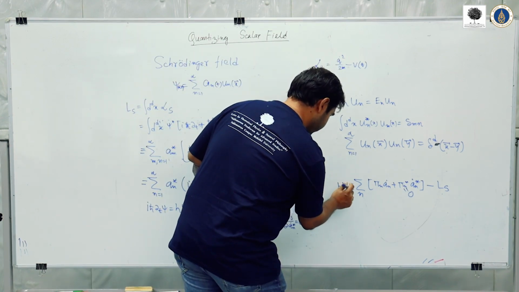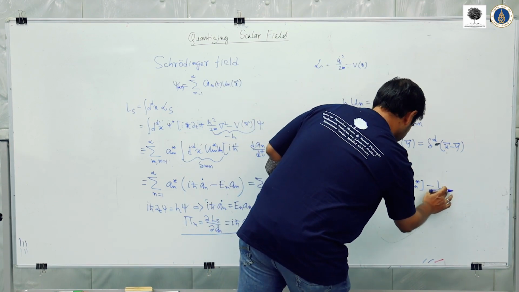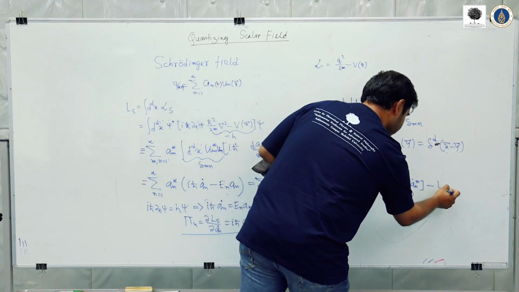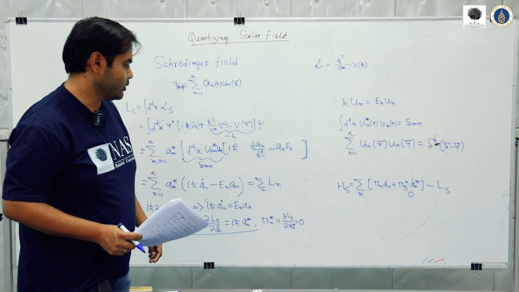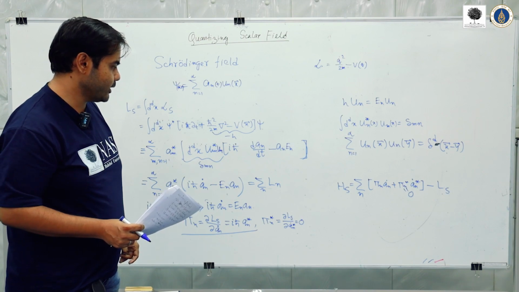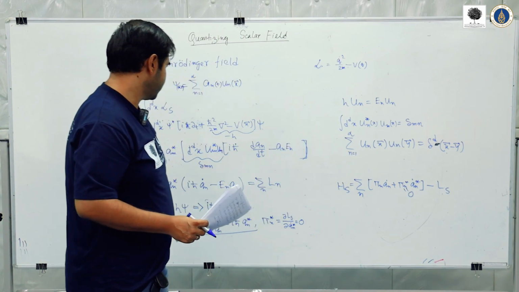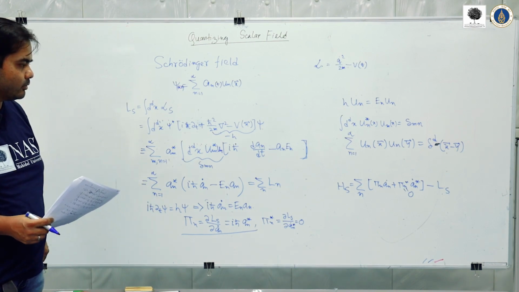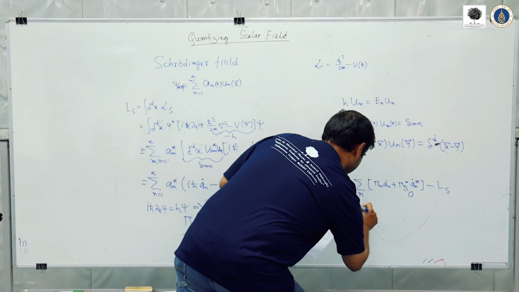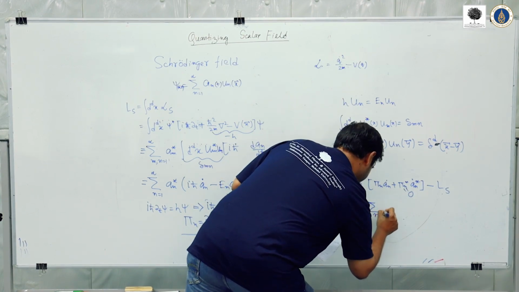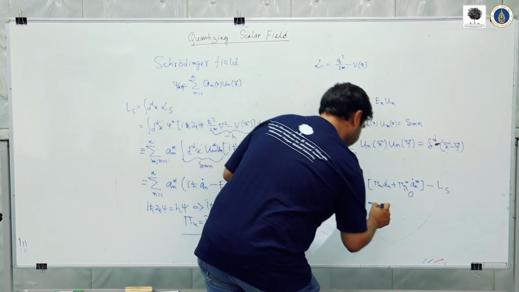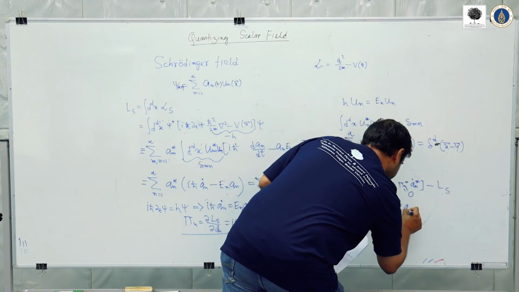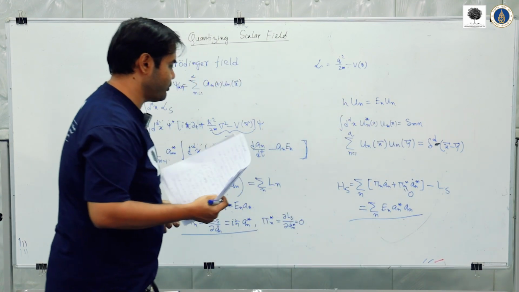So the total Hamiltonian we are considering, if you substitute L_s from the expression for the Lagrangian, you finally end up with something which looks like E_n a_n star a_n, and that is very important.